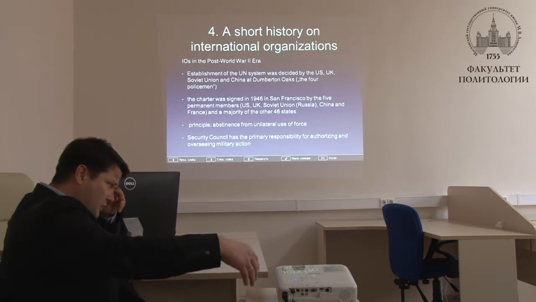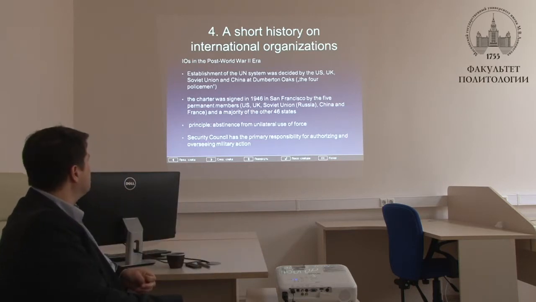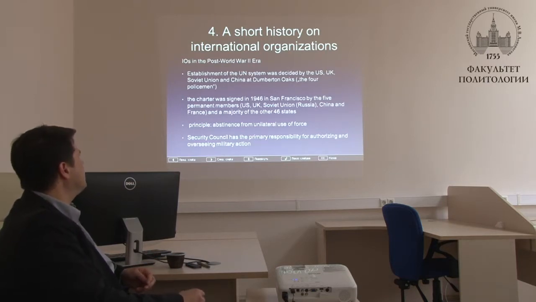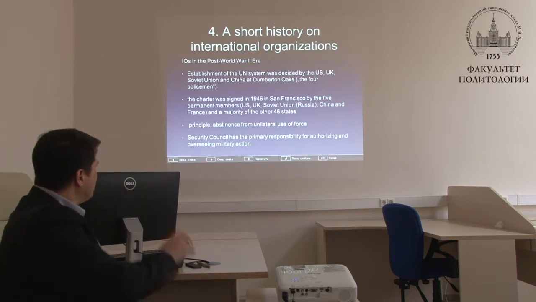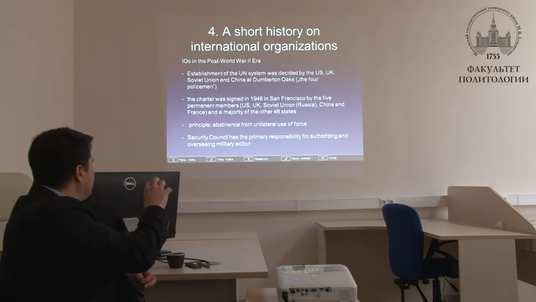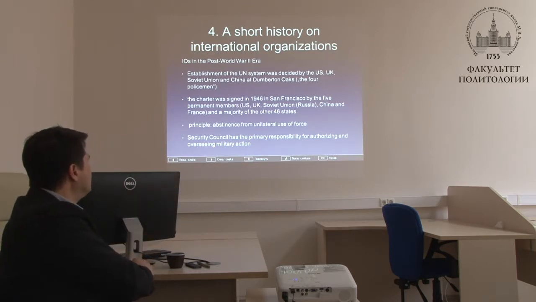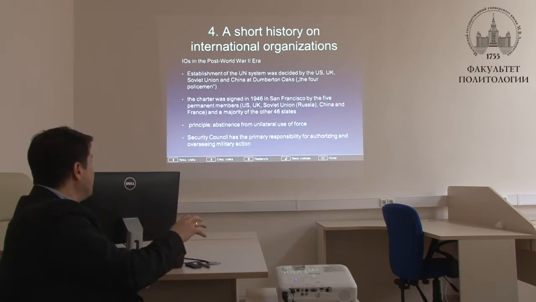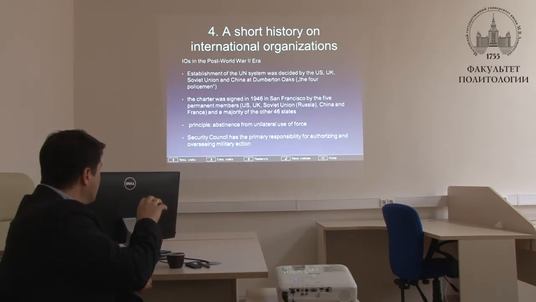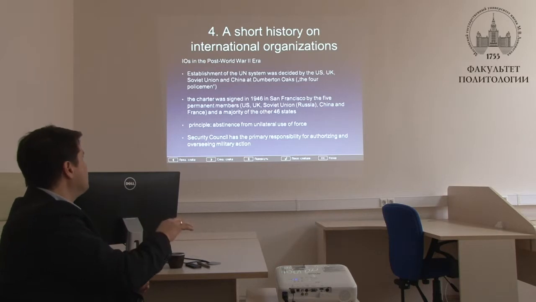Other states later joined, so this is the only international organization we have with full universal membership. The principle here is abstinence from unilateral use of force. This is the basic principle of the United Nations. And as I said, the permanent members and veto members of the Security Council are those actors that observe and decide whether unilateral use of force is justified or unjustified.